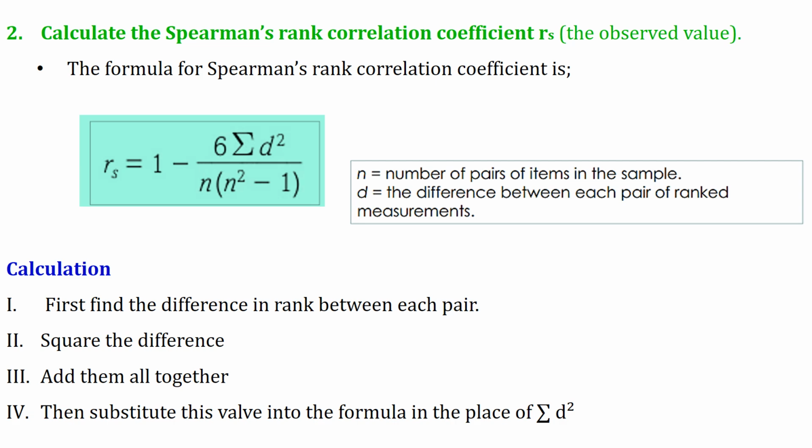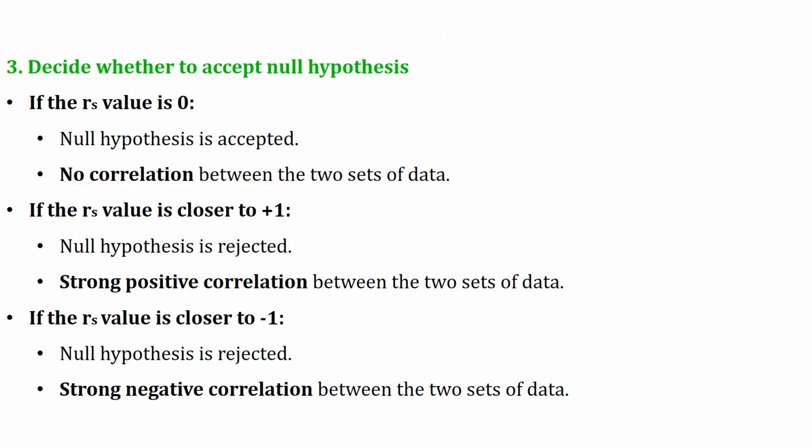Here's how to calculate RS. Rank both variables. Find the difference between ranks. Square those differences. Add them up and plug into the formula. Simple steps, big insights. Now interpret your results. If RS is 0, there's no correlation.